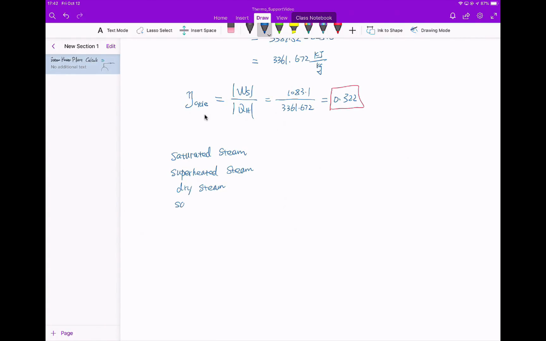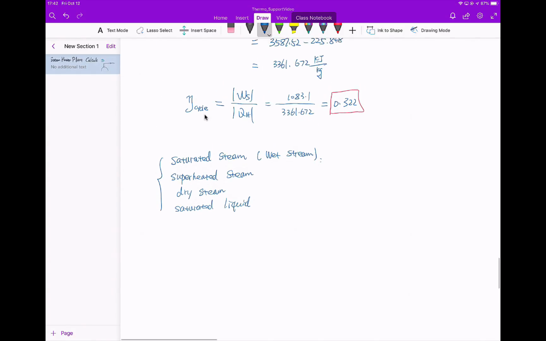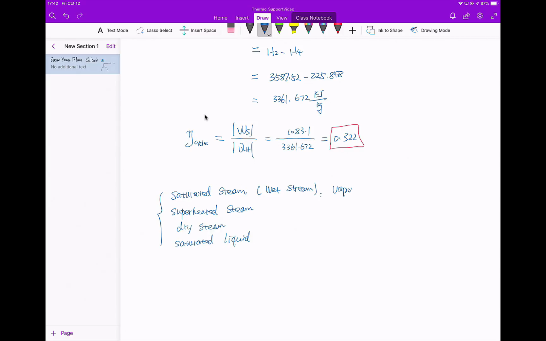Sometimes we have the saturated liquid. So those would be having slightly different meanings. Sometimes we would have this as wet steam. This is basically vapor plus liquid. Superheated is vapor itself. Dry steam is vapor itself. Saturated liquid is liquid itself.